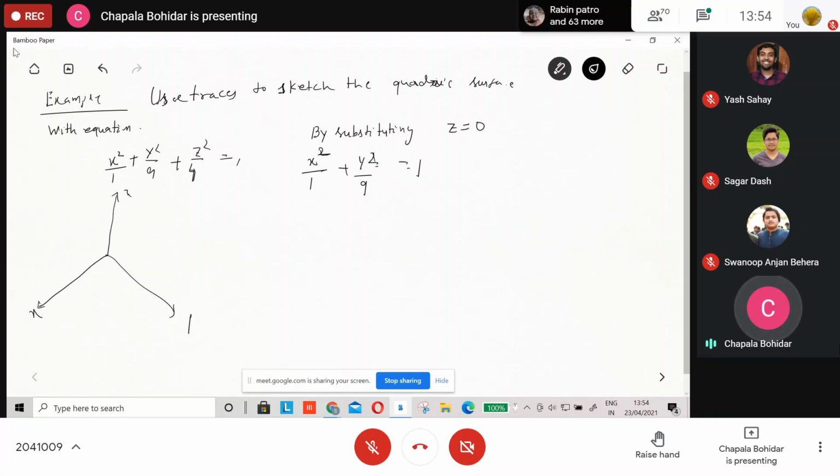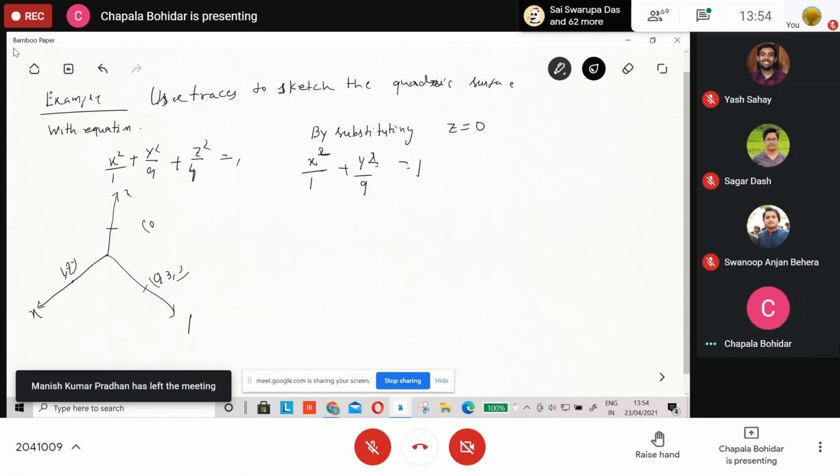Here the x intercept is 1, that is (1, 0, 0). The y intercept is 3, that is (0, 3, 0). The z intercept is 2, that is (0, 0, 2).